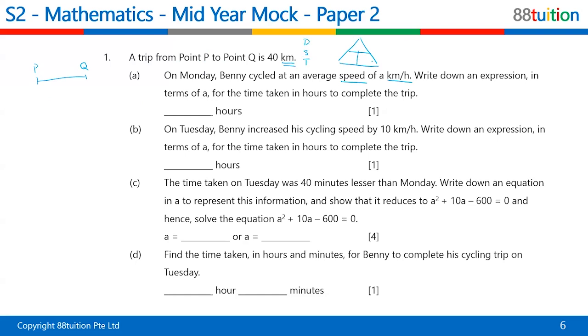You fill in this triangle in alphabetical order, so D comes first and will be up here. Then we have S and T. The way to remember this is that these 2 will be multiplied. So if you want to find D, D equals S times T. If you cover the D, you will see that D equals S times T.